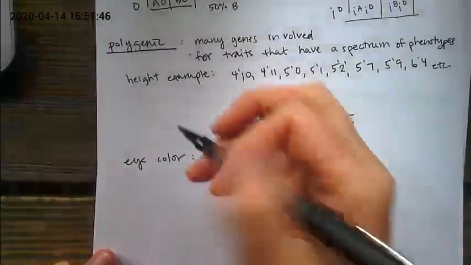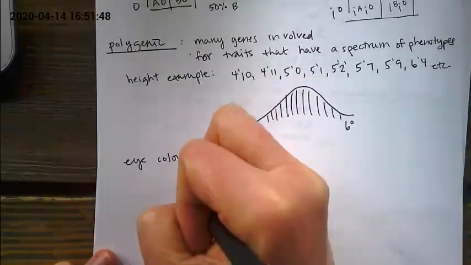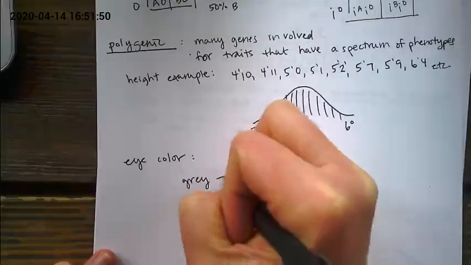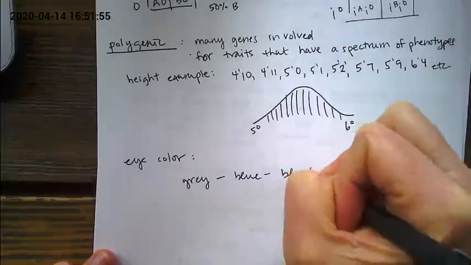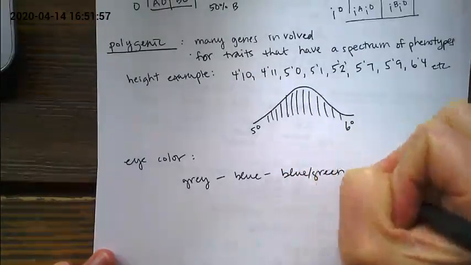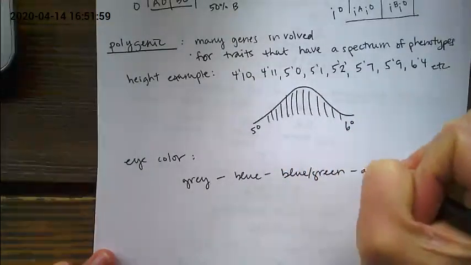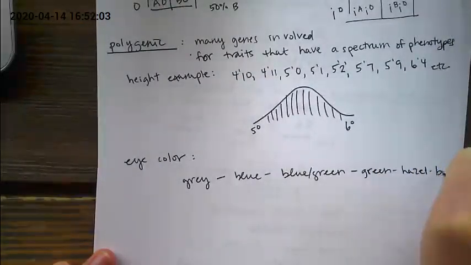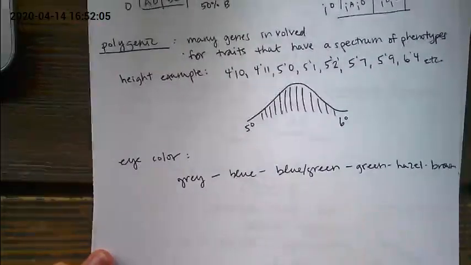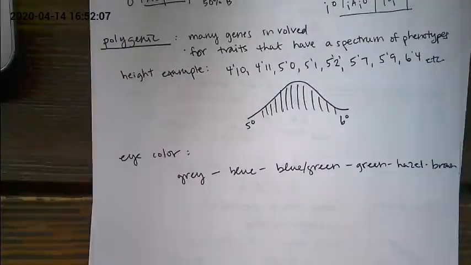Because eye color can be everything from gray to blue, green, hazel, brown, and on. So it's a whole spectrum of colors.